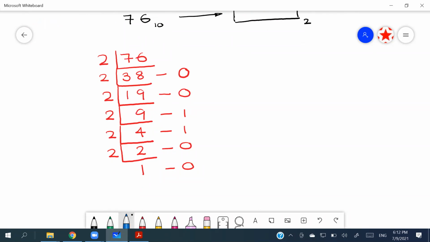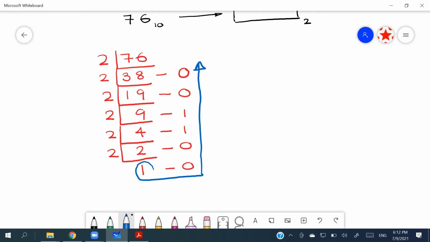Then I have to start from the place that I stopped and consider the remainders from bottom to top. Start from the place that I stopped the division, the final answer that I got. Then continue with the remainders from top to bottom.